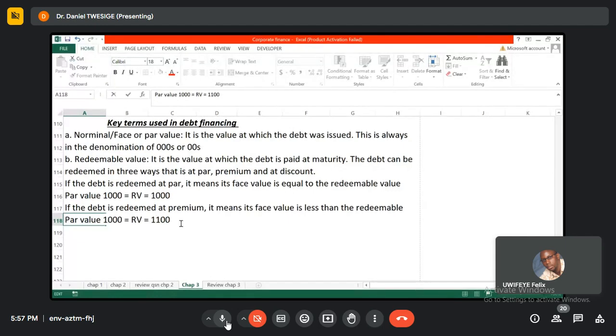So in that case, we say that the redeemable value is going to be greater than the par value of the debt. So the debt is redeemed at a premium. So you just need to know what is the premium on that debt. Then you add the premium to the face value to get the redeemable value.